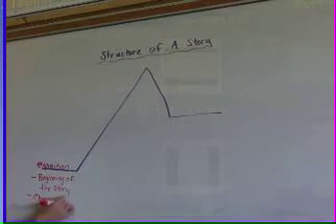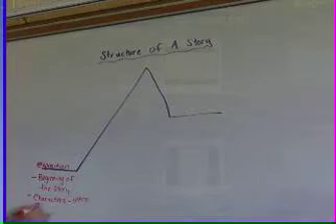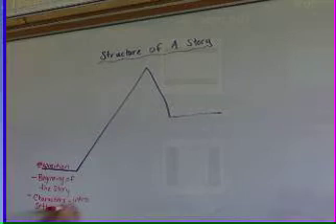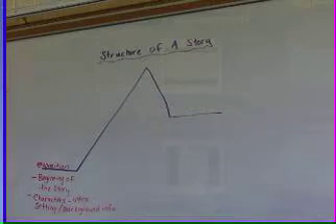It kind of introduces them. Okay, so we do the introduction, the setting, and any background information. So it's the beginning of the story, and it tells us exactly what's going to happen in this story. So we have the exposition.